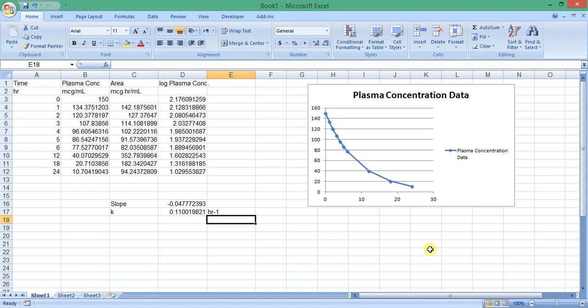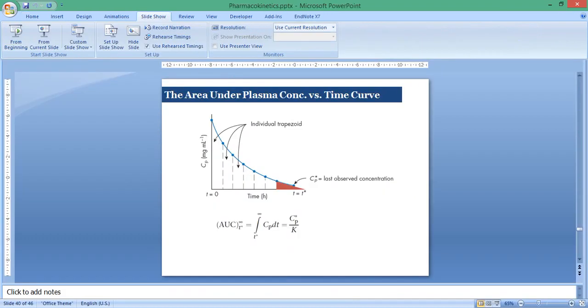Now we will calculate the area under the curve for the part following the last collected data point. The area of this part equals the last observed concentration divided by the elimination rate constant.